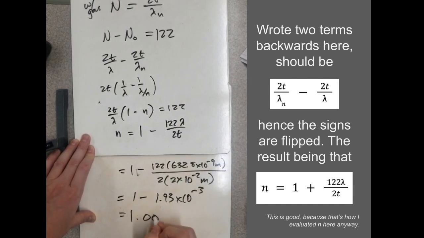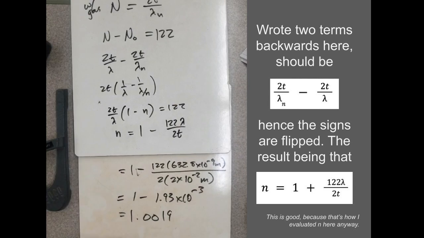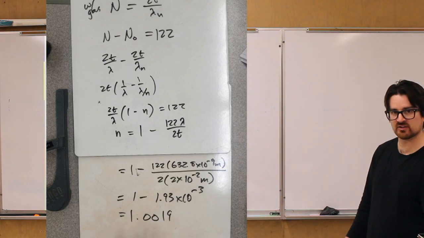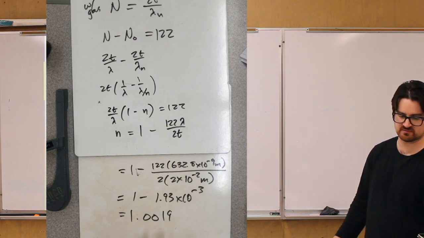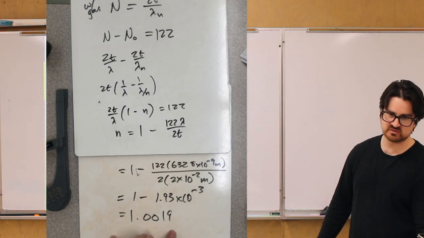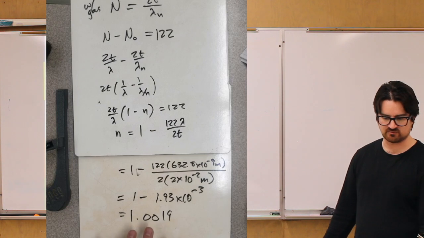So the index of refraction of this gas is 1.0019, which in practice is very, very close to the index of refraction for air. The fact that we could measure this with our interferometer shows the effectiveness of that interferometer.